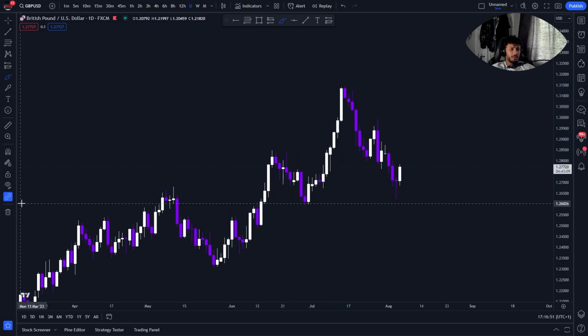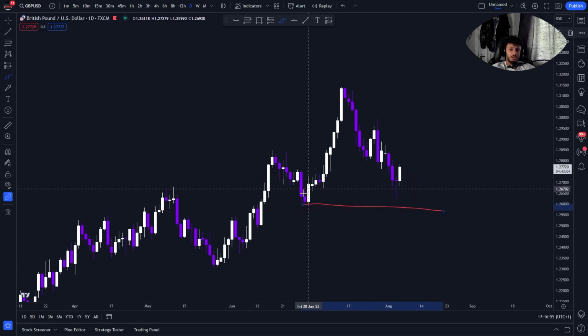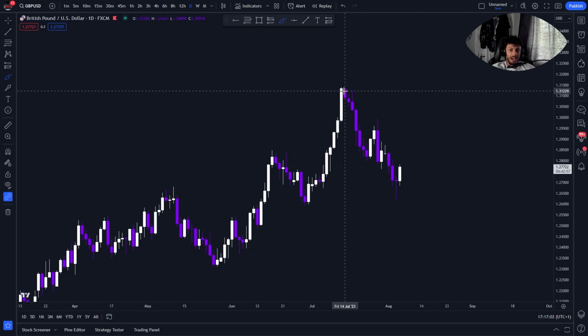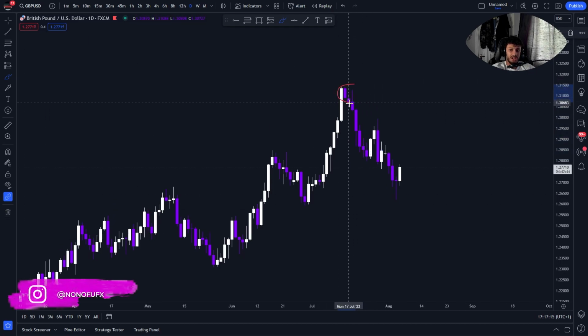Because we take a look at the market from a premium and discount perspective, the discount is down here and we expect price to tap into somewhere here and react. A lot of the time, as we are right at the top of the range, the sells are more probable, and as you go down you get bigger sells. This is why a lot of the time it's very good to catch your setups early.